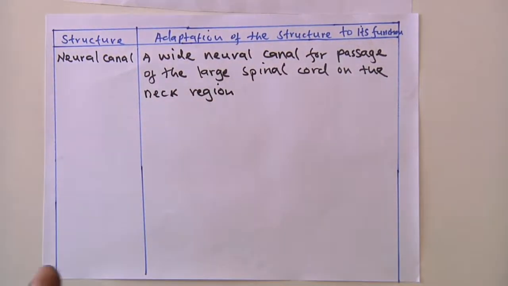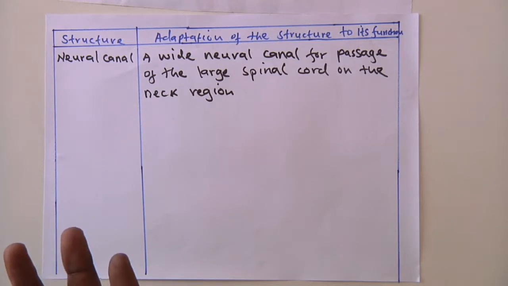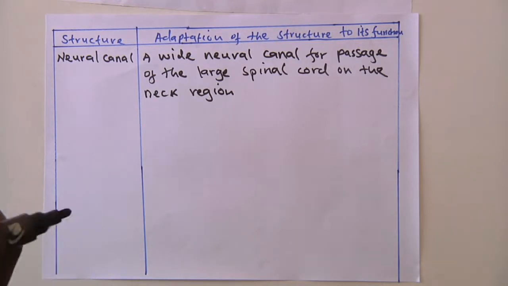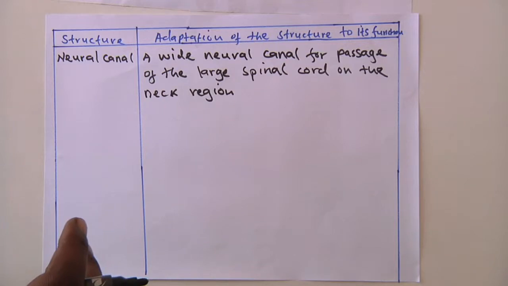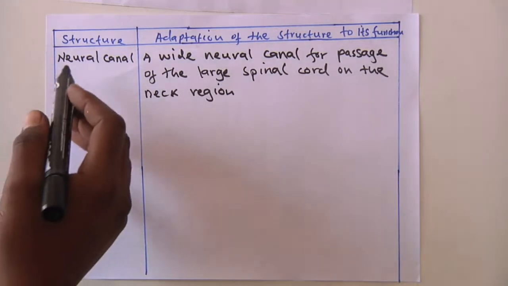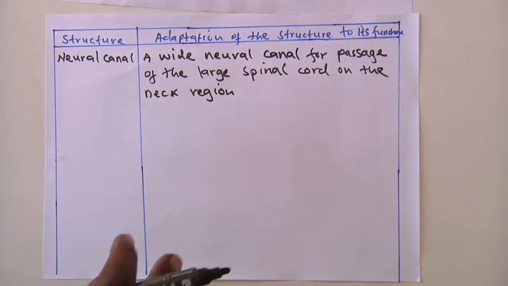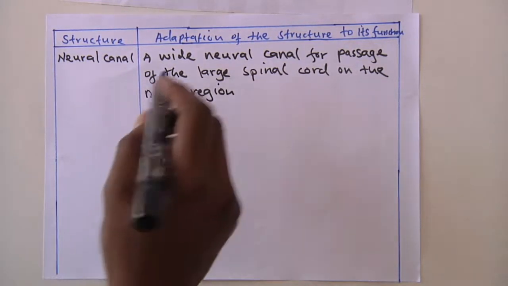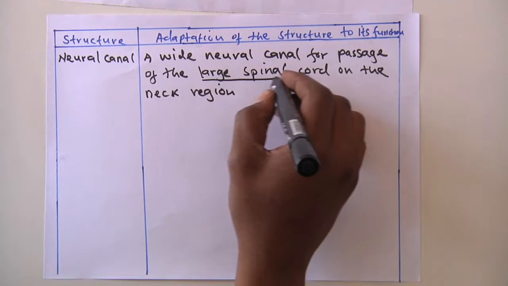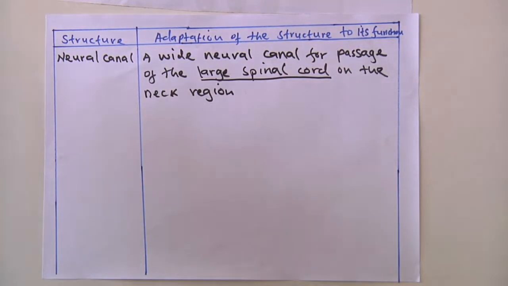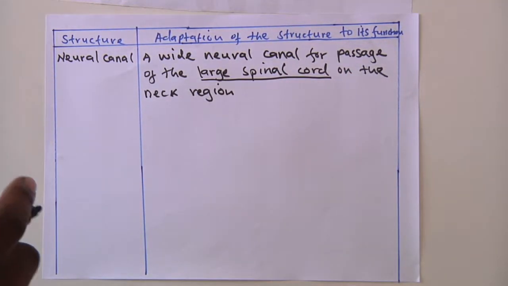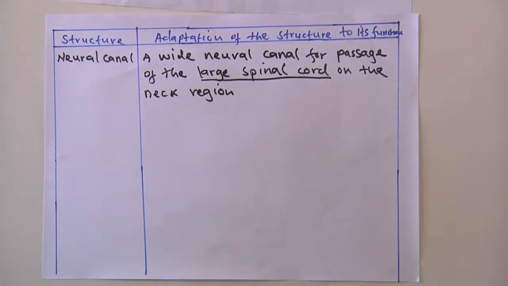Because the spinal cord originates from the bottom part of the skull of the head, the first cervical vertebra must have a large neural canal which is wide for the passage of that large spinal cord. So that is the importance of having a wide neural canal.